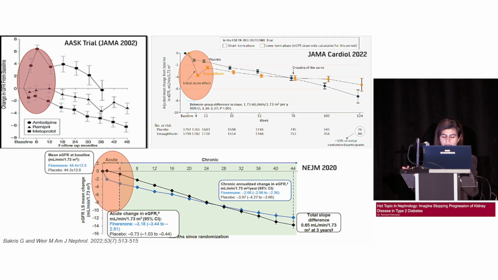The magnitude is also a function of the initial eGFR values at which you start. The lower the GFR, the less the dip that tends to occur. But that's oftentimes one of the reasons for why these drugs are discontinued.